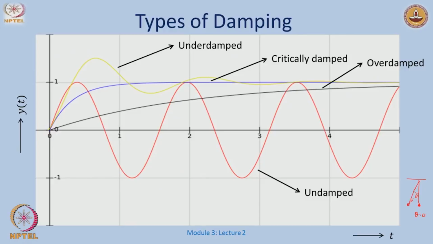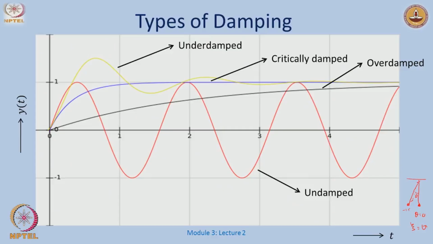If the system is not subject to any sort of friction, either here or in the air, what we expect is it just keeps oscillating. You go from theta equal to minus 15 to plus 15 and just keep on doing this. This corresponds to the behavior when zeta is 0, and I will explain this mathematically very shortly.